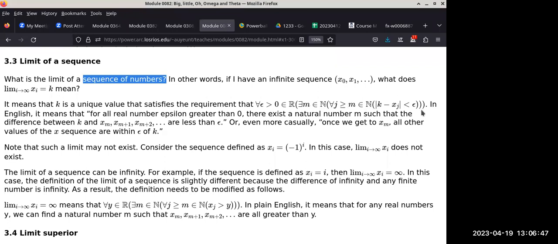I do have a choice of which m I want to use, but whatever I choose has to make this part of the expression true. So what does that innermost part say? It says for all j greater than or equal to m, and j has to be a natural number as well, the absolute value of k minus x of j has to be less than epsilon.